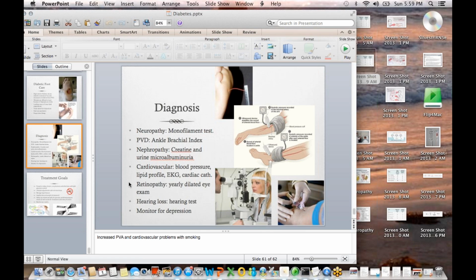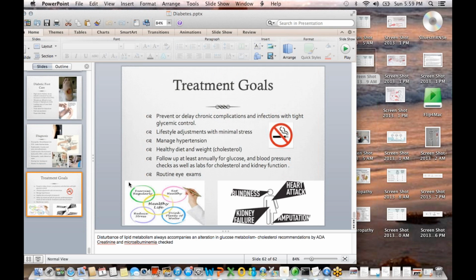Checking the creatinine, and whether there's albumin in the urine, can be an indicator of kidney function. Different cardiovascular problems: check their blood pressure. High risk for CAD, so check their lipid profile. Eye exam for retinopathy, hearing loss. Check their hearing. Monitor for depression. A lot of times, chronic disease and the management of it can cause depression.